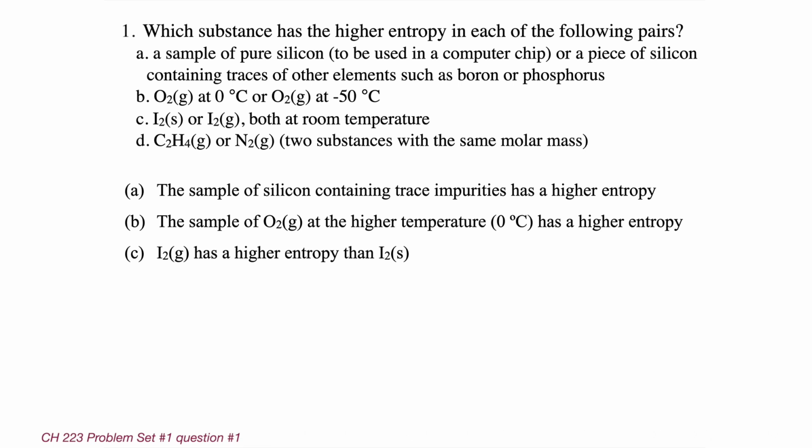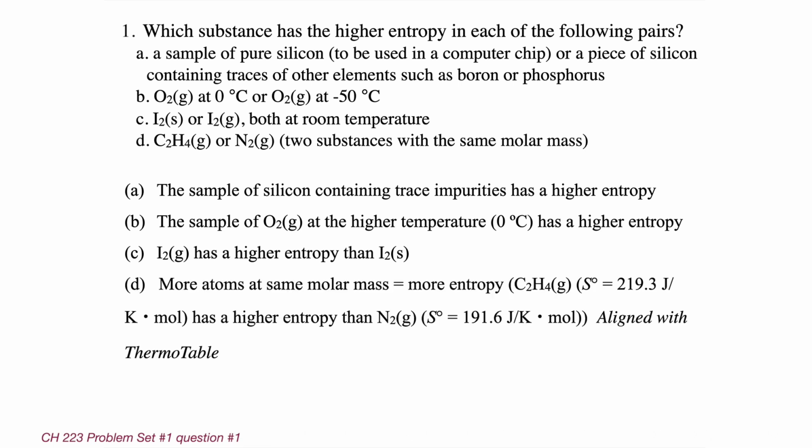Now finally, the last one, notice how C2H4 and N2 have the same molar mass, the same grams per mole. But C2H4 has 6 atoms, N2 has just 2 atoms. So you can imagine that the 6 atoms are going to be more variable, like sometimes the C's will be closer and farther, and the H's could be all close together or all far away, stuff like that.